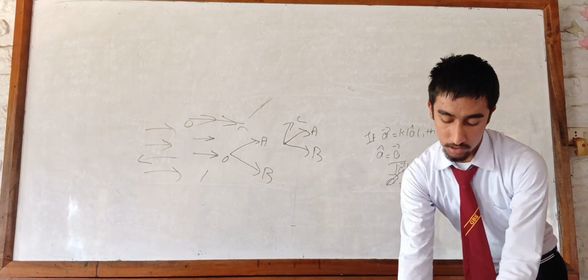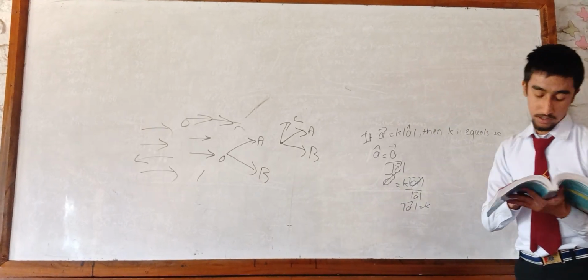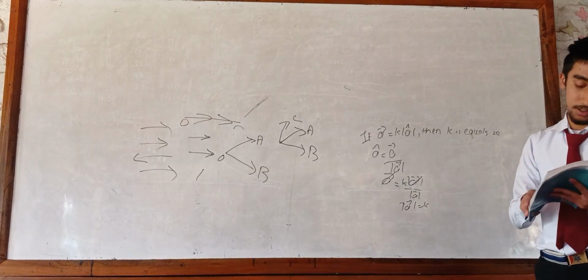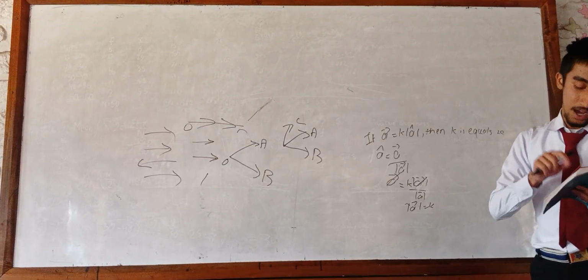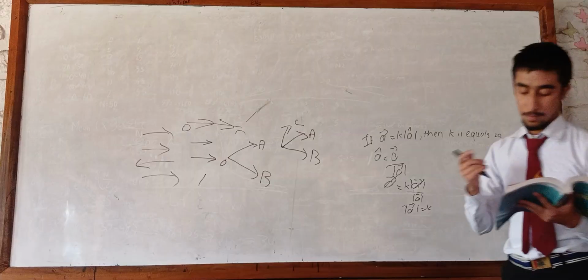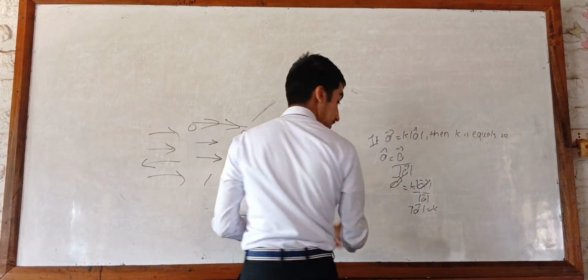Now we have another question: if AB vector equals 2I vector plus J vector minus 3K vector, and the coordinates of A vector are 1, 2 and minus 1, then the coordinates of B are.